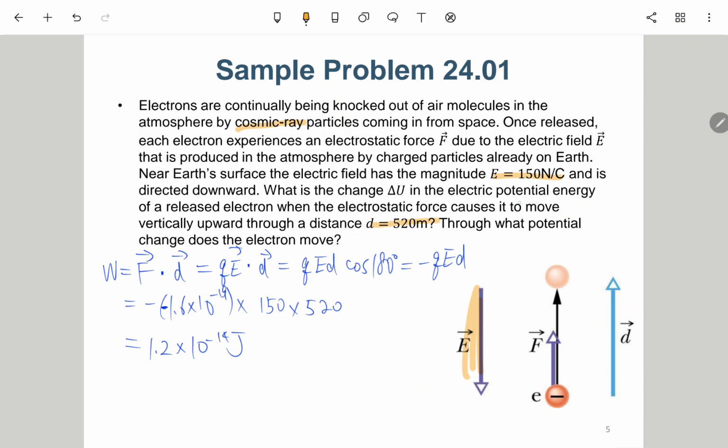And actually it asks you the potential energy, the change of potential energy. And in such a way, delta U is actually negative W, which is negative 1.2 times 10 to minus 14 joule. And it also asks you what is the potential change. So the potential change is actually delta U over Q. So this is a negative 1.2 times 10 to minus 14.